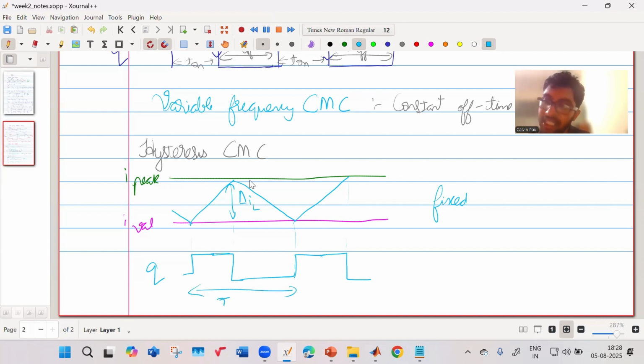This time period T can change depending on the input voltage, depending on the output voltage, etc. It can change. And hysteresis current mode control is supposed to be very fast. It has a very fast response, but there are certain challenges while implementing it. Okay. So this is done.